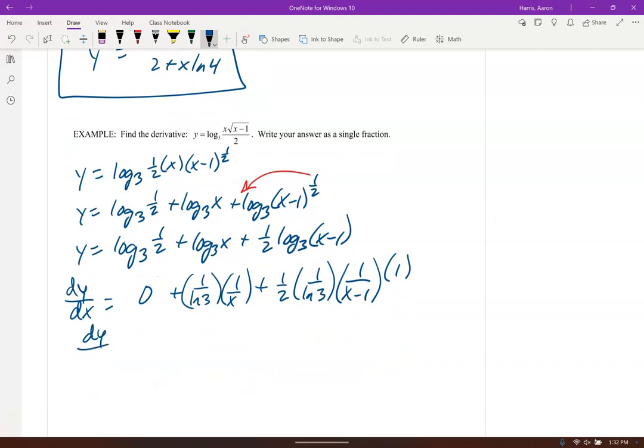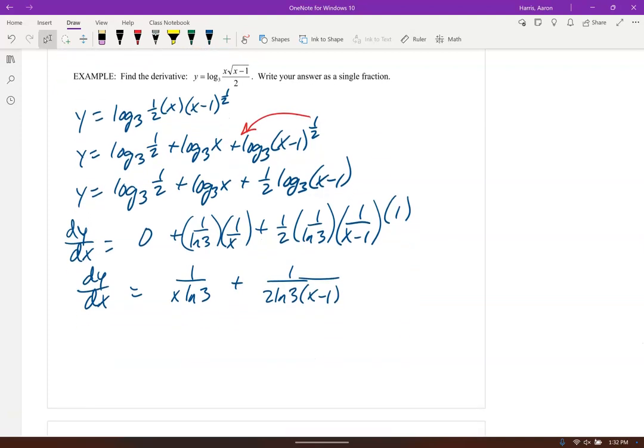So it looks like we got dy dx ended up being 1 over x ln of 3 plus 1 over 2 ln of 3 times x minus 1.